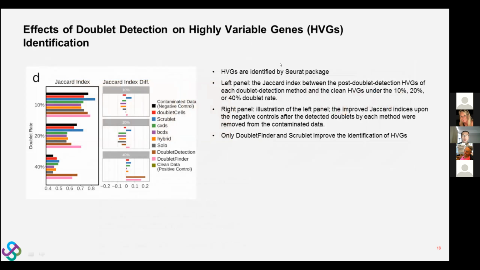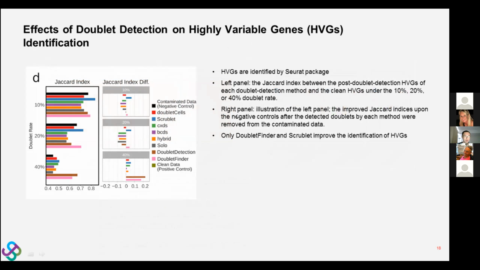And then we benchmark the effect on identification of highly variable genes. We first identify highly variable genes using Seurat on clean data, and also identify them on contaminated data with 10, 20, or 40% doublet rates.